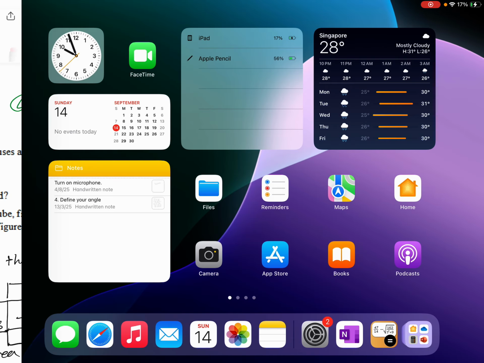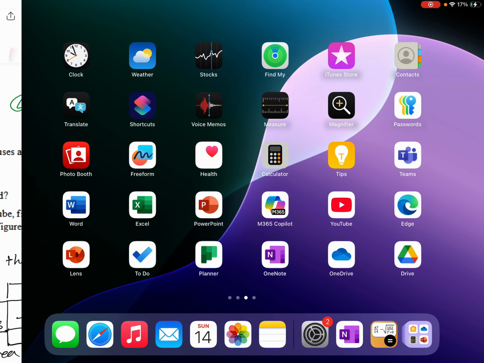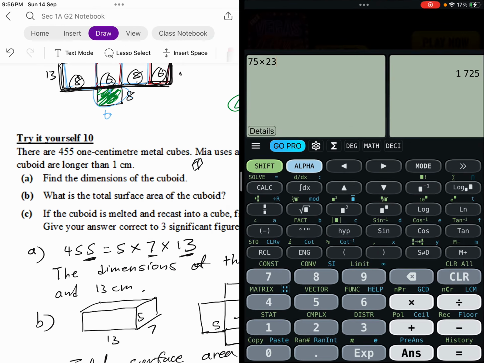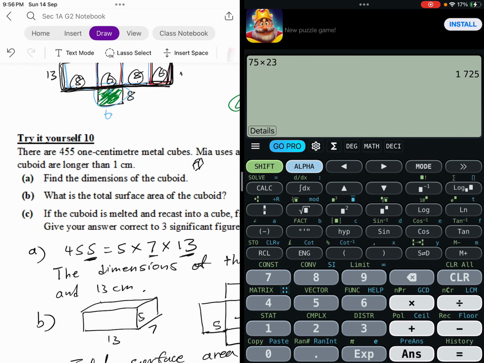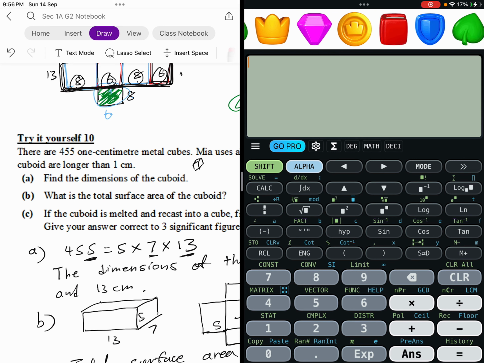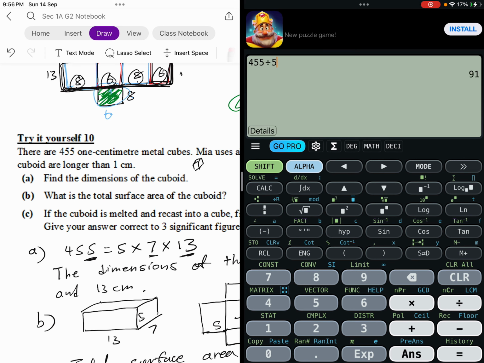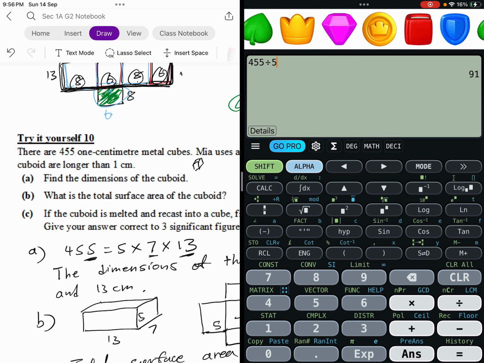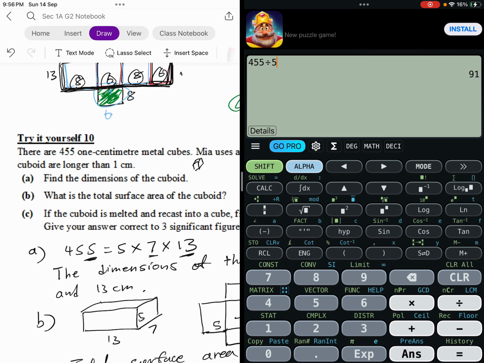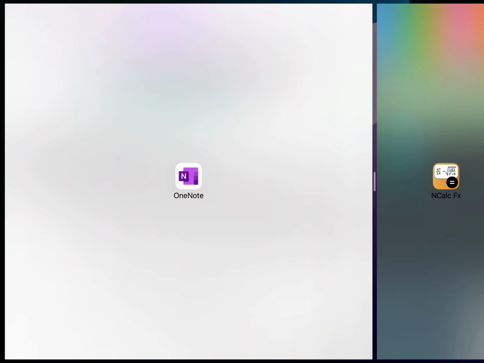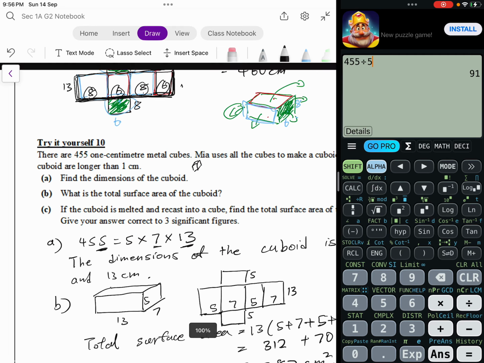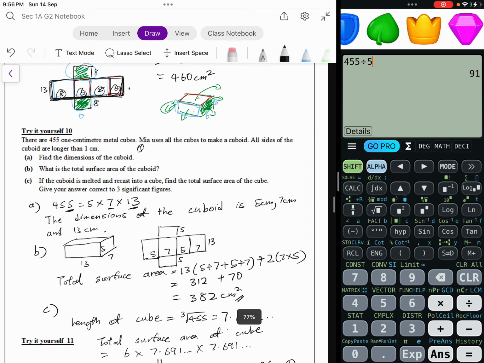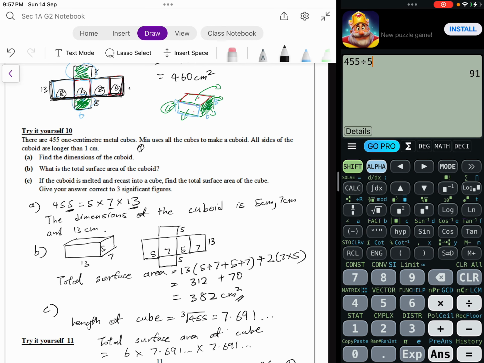So if I were to take this out, 455 divided by 5. You see the number? 91. Not many factors, only one. 7 times 13. So this question is a thinking question, and yet it's very specific. Okay, the dimensions of the cuboid are then 5 cm, 7 and 13.